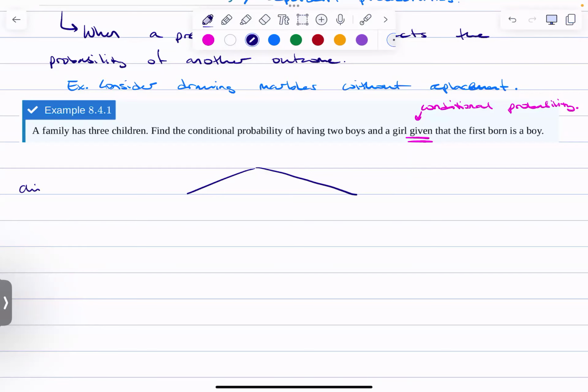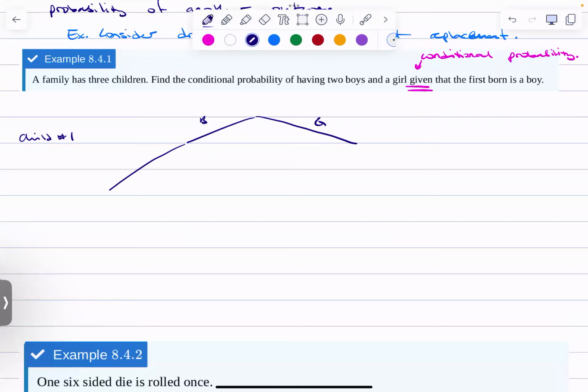So here we have child number 1 is either a boy or a girl. Child number 2 is a boy or a girl, boy or a girl.